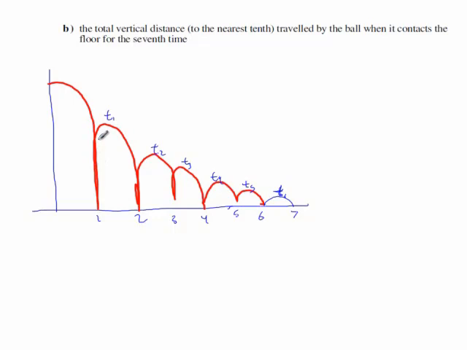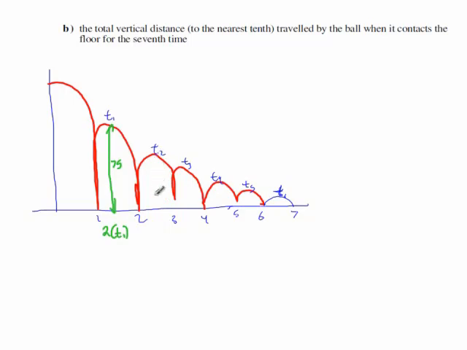For the T1 bounce, the ball reaches a height of 75 meters. So the distance that's traveled in that full bounce from the first time hitting the ground to the second will be 2 times 75, because it needs to go up to 75 meters and then come back down again. So this distance is 2 times the value of T1.